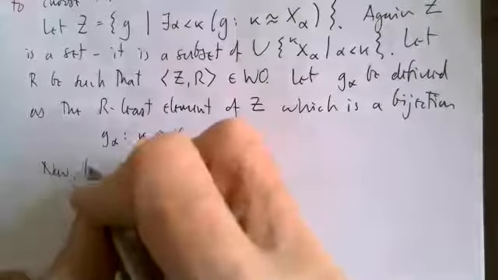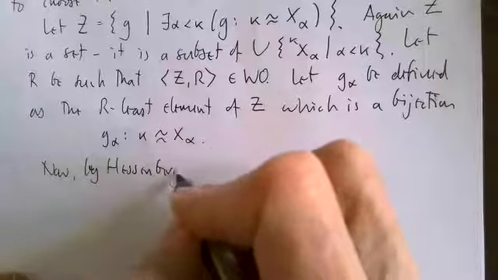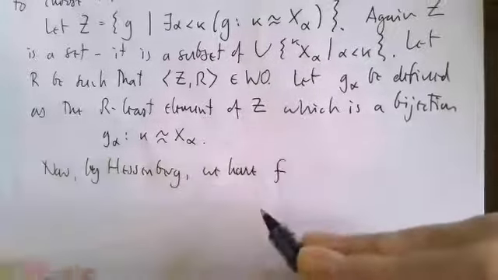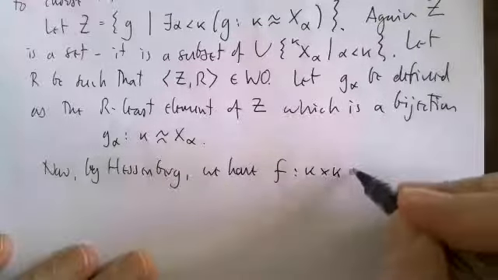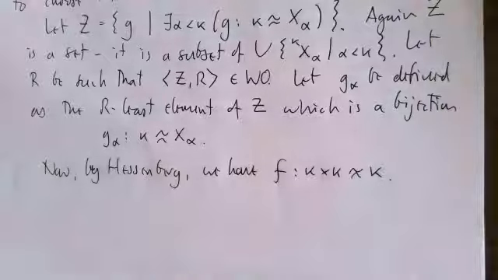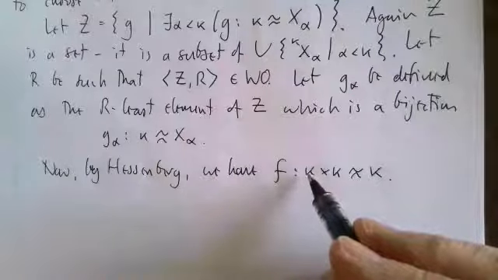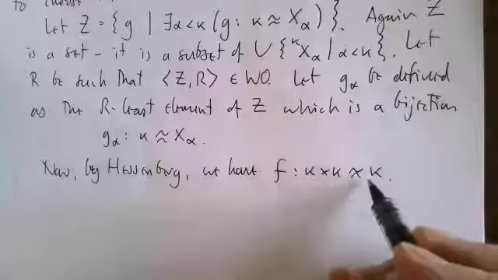Now by Hessenberg, we've got a function F that goes from kappa cross kappa bijectively with kappa. If you look back at the previous argument, we appealed to the existence of a function with omega cross omega bijectively with omega.